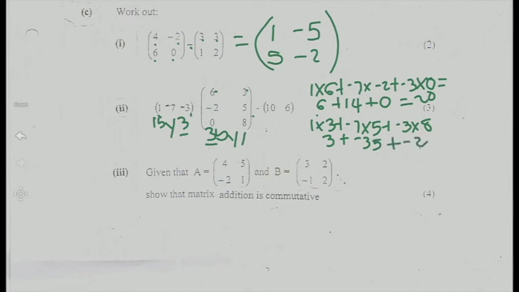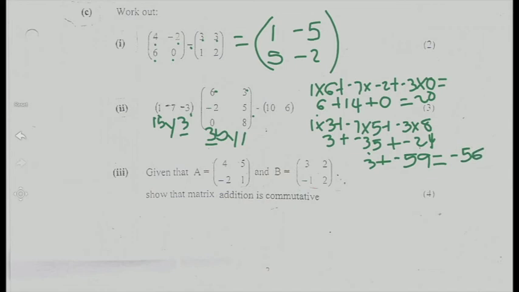We have negative 24. So we have negative 35 plus negative 24, which will give us negative 59. We have 3 plus negative 59. The answer here will be 59 minus 3. The answer will be negative 56.